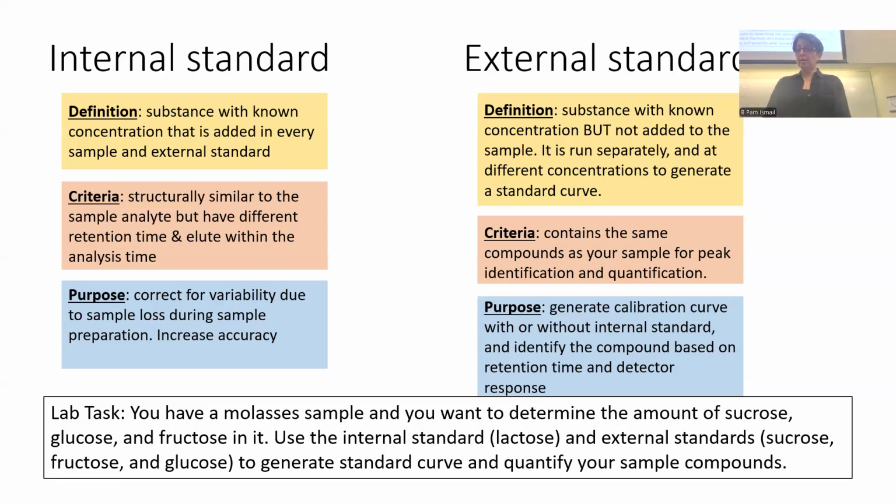So an external standard is not added to your sample, is measured separately, and is used to construct a standard curve. An internal standard is added to your sample, added to the external standard at the same concentration, and meant to correct for sample preparation error. All right, let's give an example of using both.